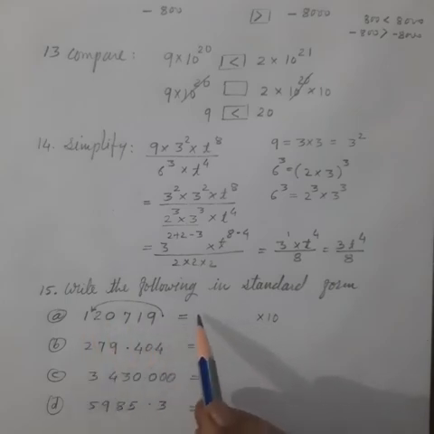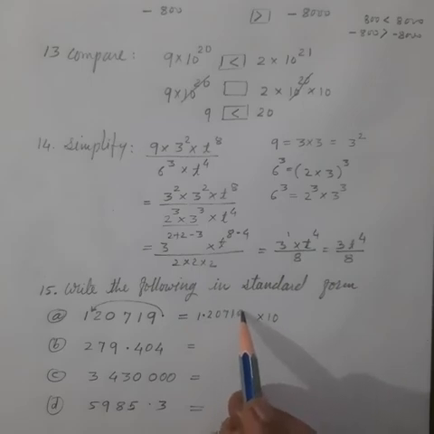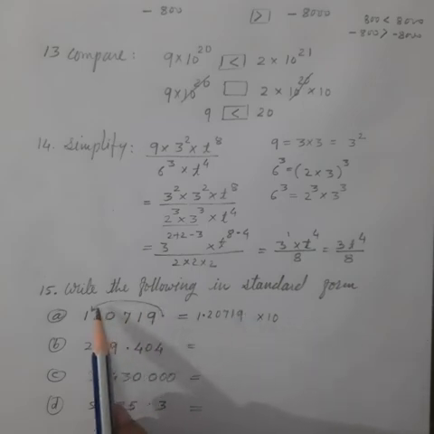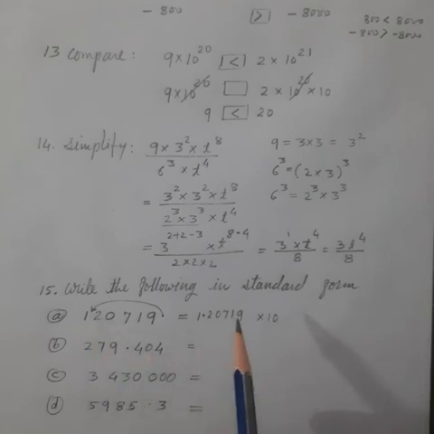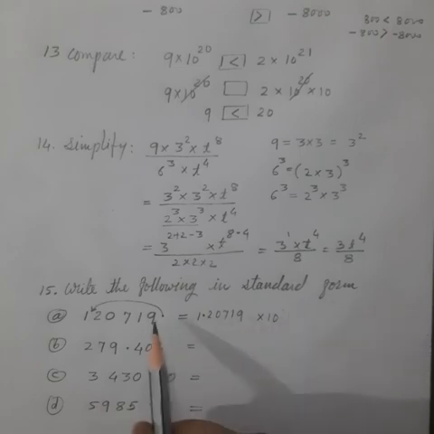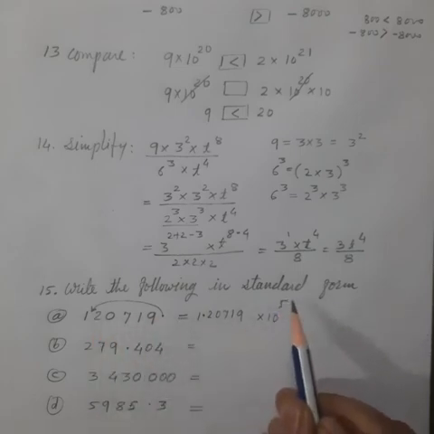We have to write this number as 1.20719. We have moved this point to the left 5 digits. So to keep the value the same, we have to multiply this decimal number by 10 raised to the power 5.